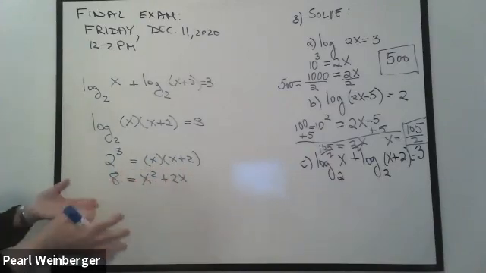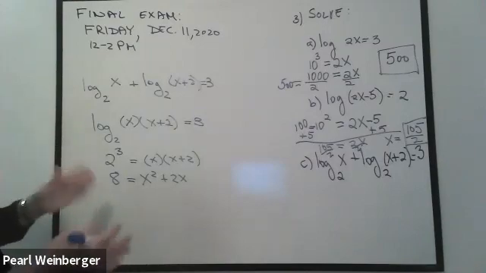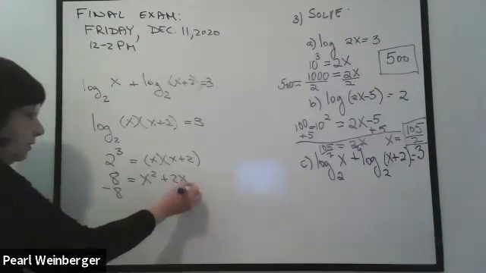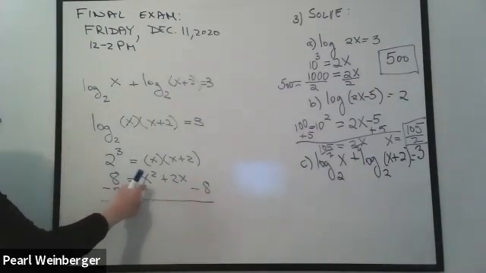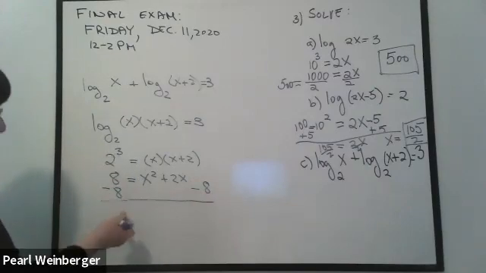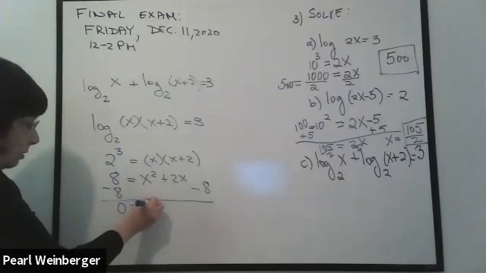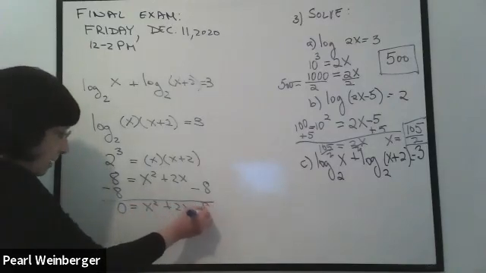And I see what I'm left with is a quadratic equation. So I have to get it equal to 0. So I'll bring the 8 to the other side because that's the easier way to go. I always want to leave my x squared positive. So here's my 0 equals x squared plus 2x minus 8.